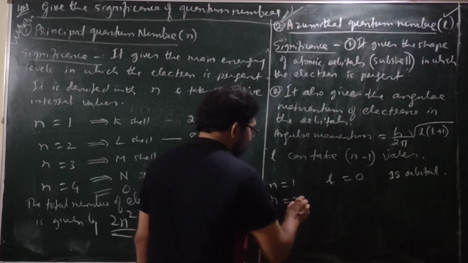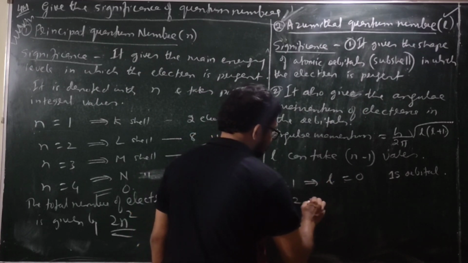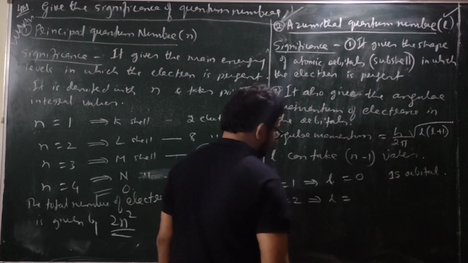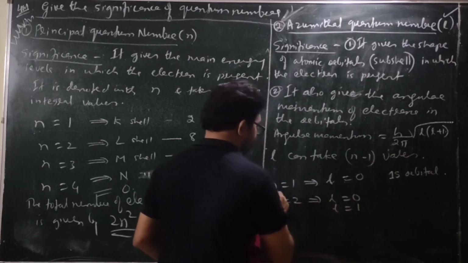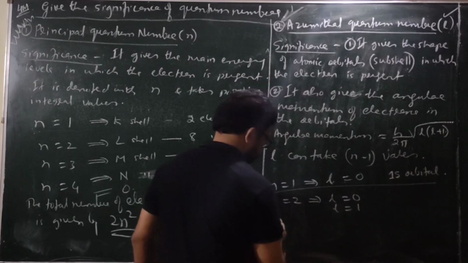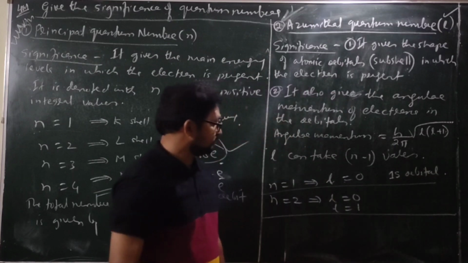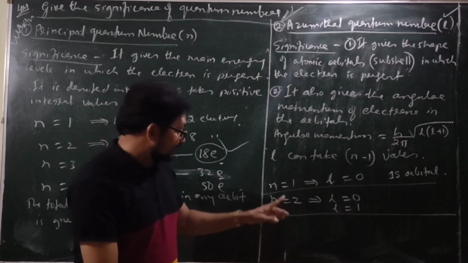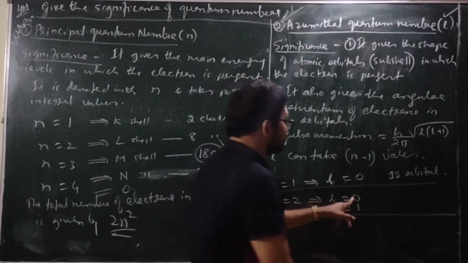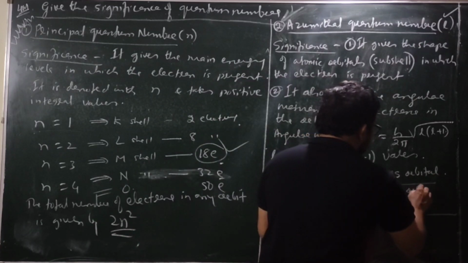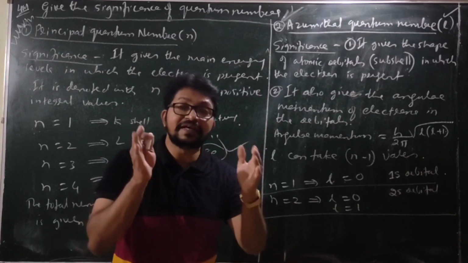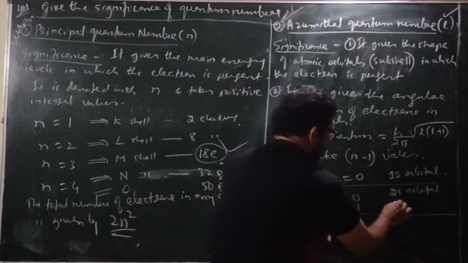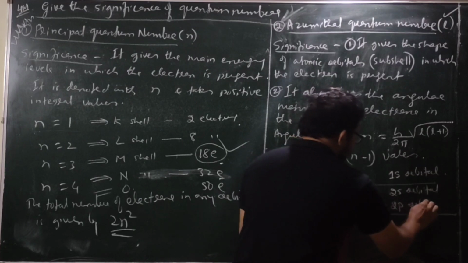n equal to 2 implies L is less than 2. L equal to 0 is one value, L equal to 1 is another value. n equal to 2, L equal to 0 is the 2s orbital. n equal to 2, L equal to 1 is called the 2p orbital.